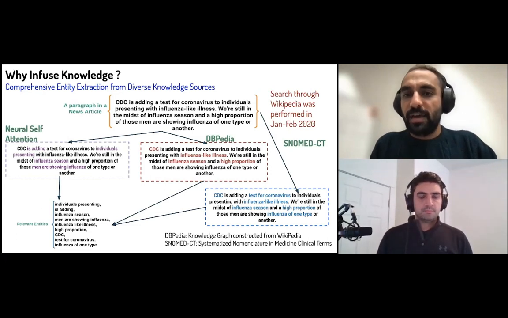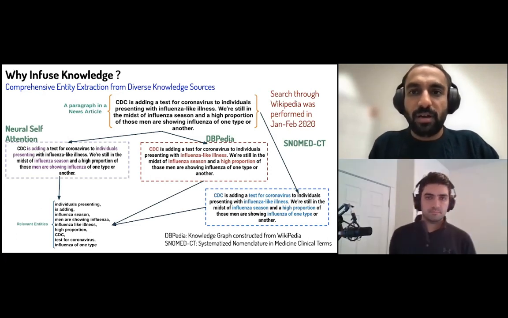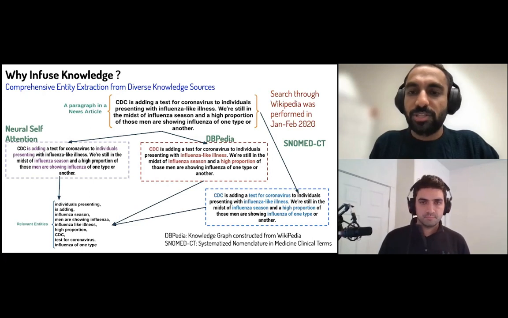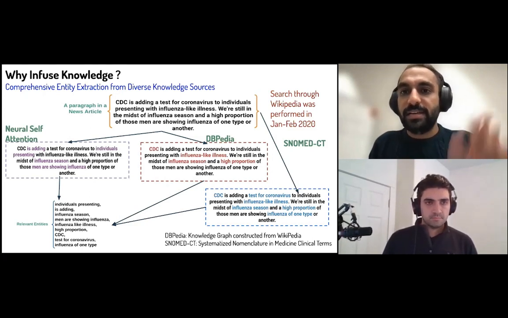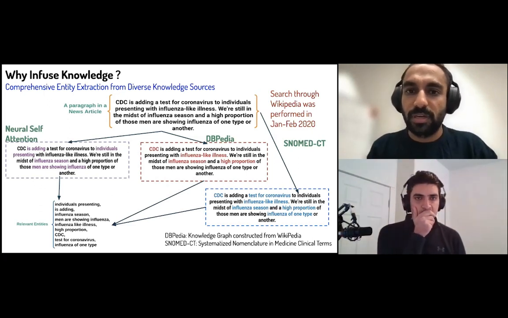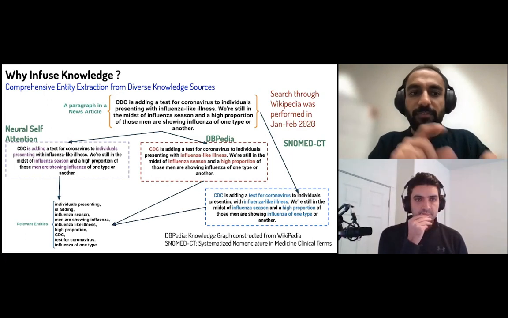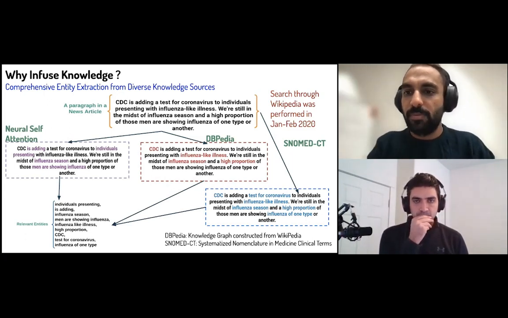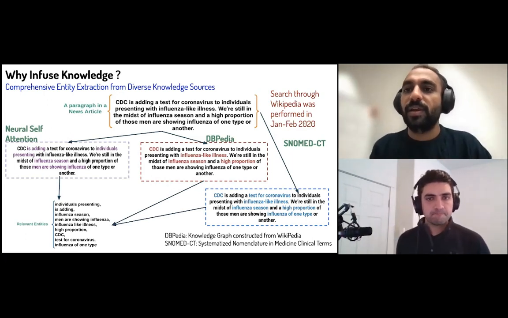Another comprehensive example that I was able to relate with the knowledge graph was the comprehensive entity extraction from diverse knowledge sources. Now consider this small snippet of an article that I took from the news. You can see that different sources of knowledge graphs, DBpedia and SNOMED-CT, have different forms of entities.